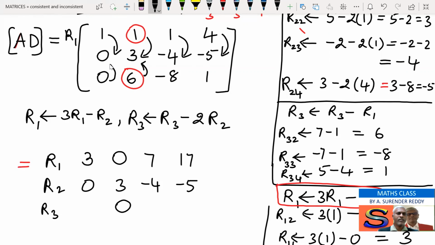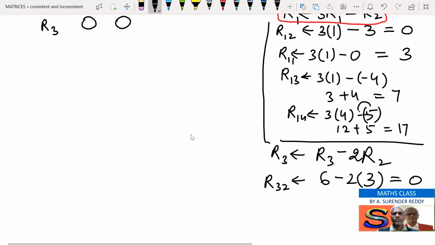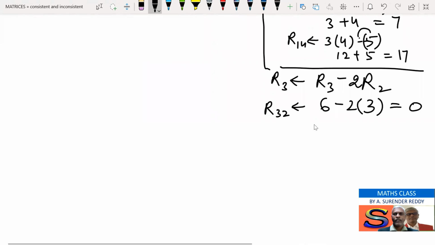That is 0: if you take R3 0 and R2 0, 0 minus 2 into 0 is also 0. There is no change in 0. And take minus 8 and minus 4. So here minus 8 minus 2 into minus 4.